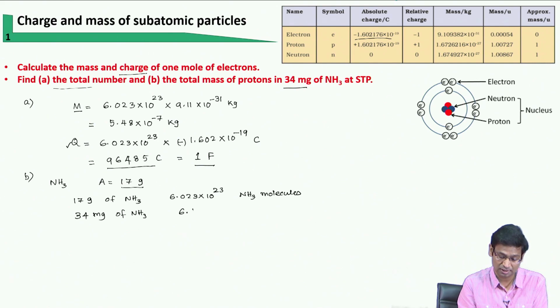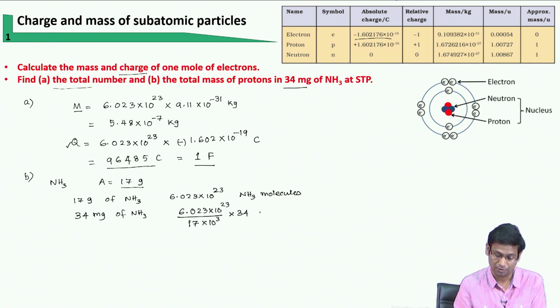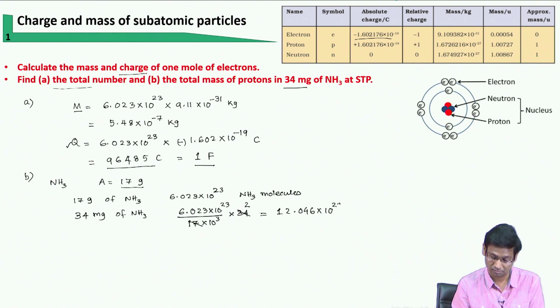To get this, you take 6.023 into 10 to the power 23 divided by 17, which is in gram, so I am expressing it in terms of milligram, and in 34 milligram we will have this many ammonia molecules, and if you solve it, it should turn out to be this. So this many ammonia molecules are present in 34 milligram of ammonia.